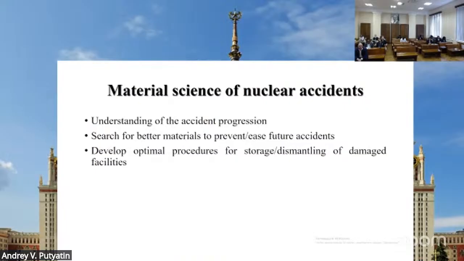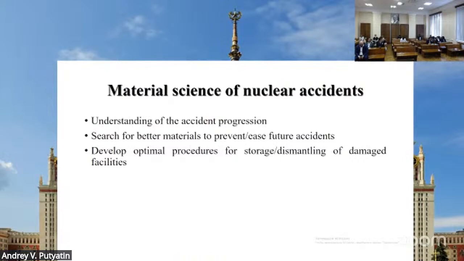Why do we need to study materials which are produced during nuclear accidents? First, we can get some understanding about how the accident really progressed during the event, and this is important for development of measures to prevent such accidents.